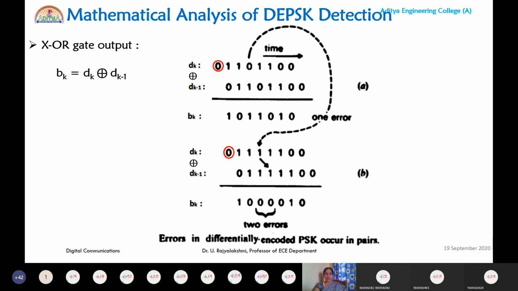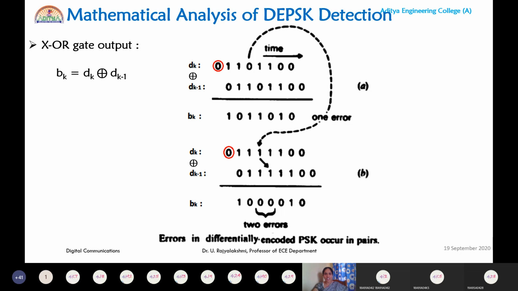Take once again the XOR of DK and DK minus 1. Because of this XOR gate operation, one error bit occurs only in pairs. Only 2 bits get affected, not the entire sequence, as in the case of the DPSK receiver.